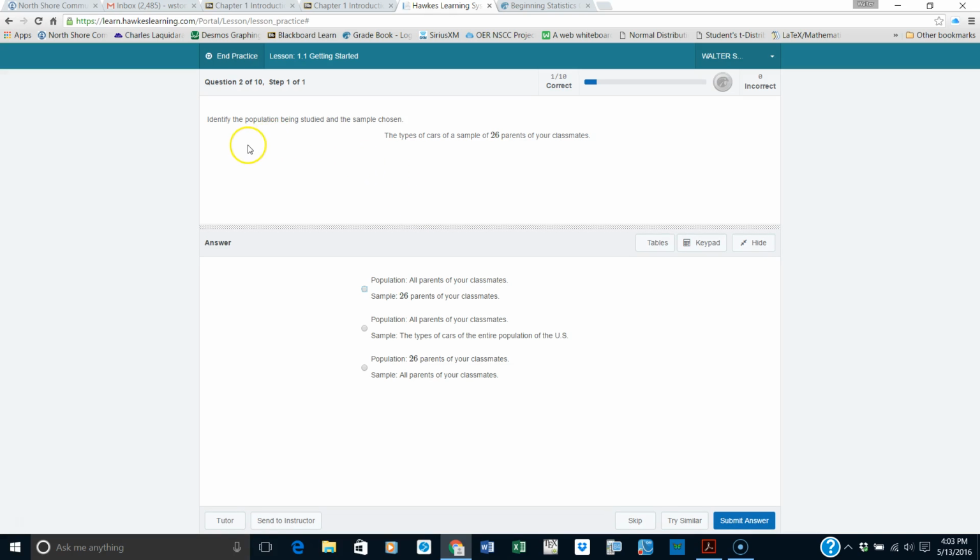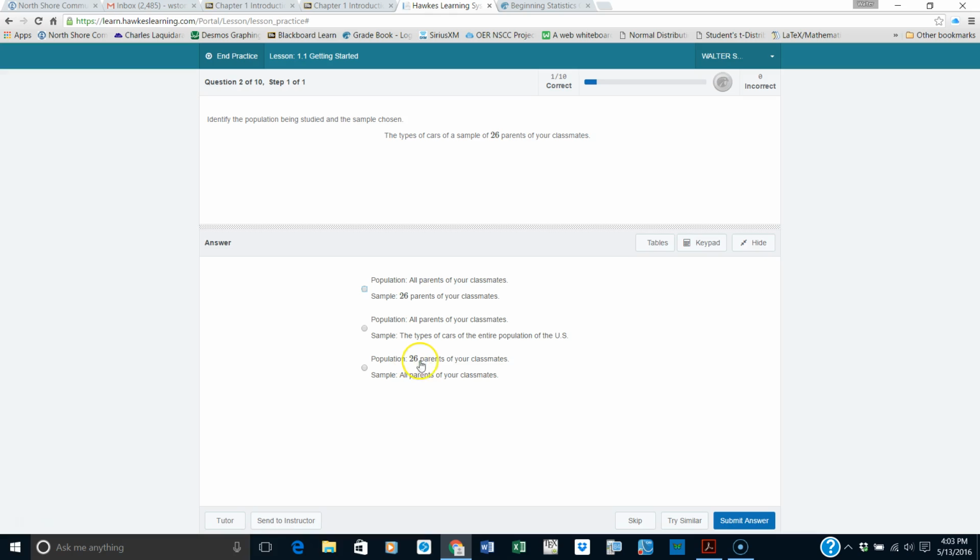We want to identify the population being studied and the sample chosen. So the types of cars of a sample of 26 parents of your classmates. So the population, is that going to be all the parents of your classmates and the sample is 26 parents? Or the population, all parents of your classmates and the types of cars in the entire population will be the sample?